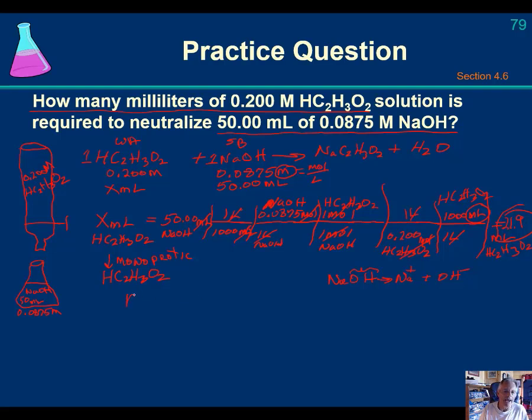So here is the equation we can use to solve the problem a little bit more simply. We can say how many moles of hydrogen ion are available to be donated per mole of the acetic acid times the molarity of the acid, and I'm just going to use HA for acetic acid. The HA is just a generic acid, and then times the volume of the acetic acid, and that's going to be stoichiometrically equivalent to the number of moles of hydroxide ion that are available per mole of the sodium hydroxide.